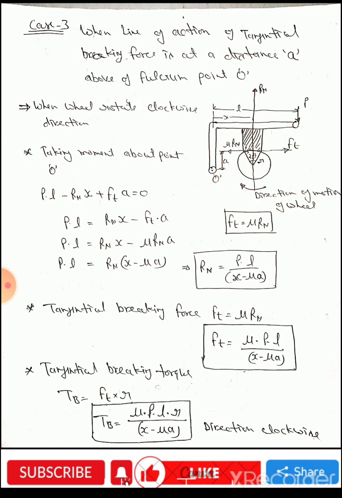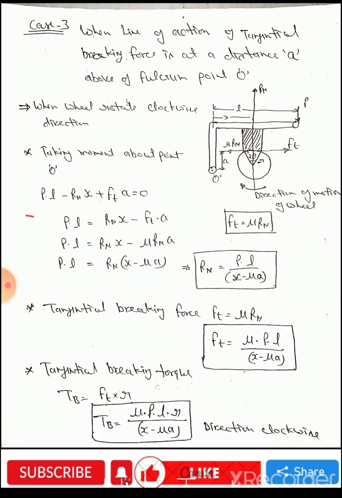Third couple is Ft, the tangential braking force, with perpendicular length A, and it makes a clockwise couple about point O, so it is in positive sense here. So the sum of the couples is equal to 0.